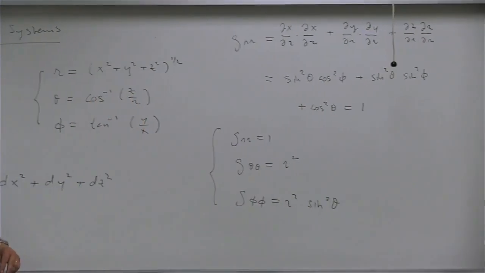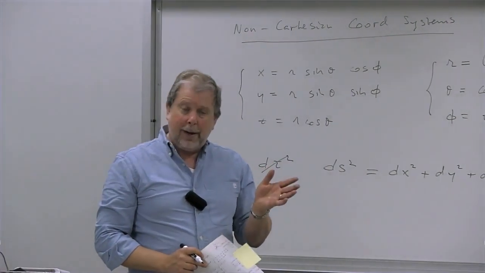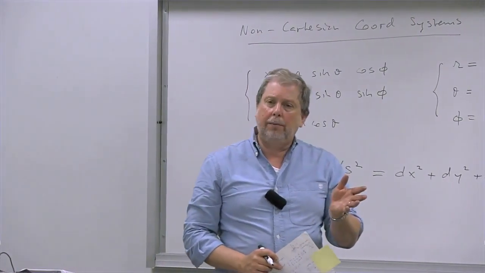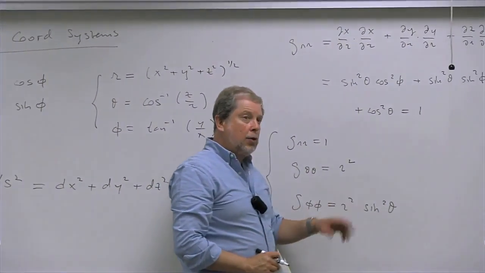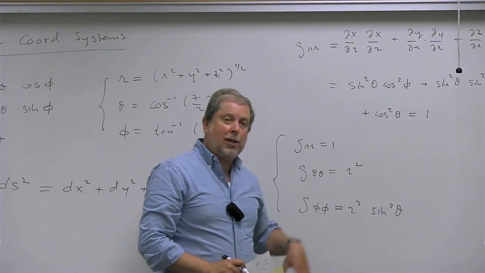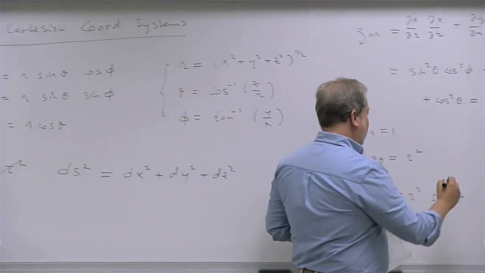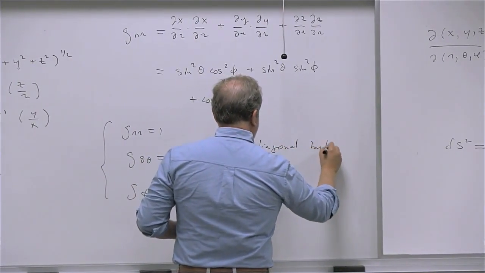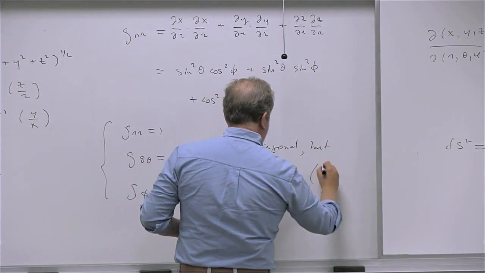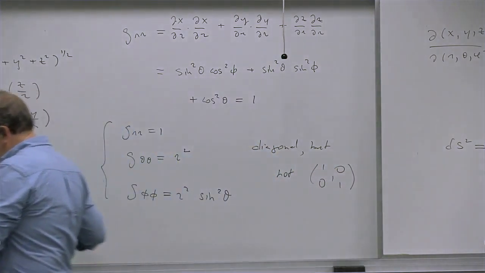So we have learned that in this new spherical coordinate system, the metric is diagonal, but the entries are not 1. They have things like r squared, and in fact the last one even has the angle appearing in there. So it is diagonal, but not 1, 1, 1, and 0 everywhere else.